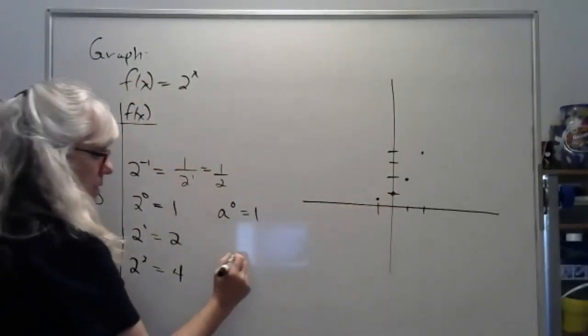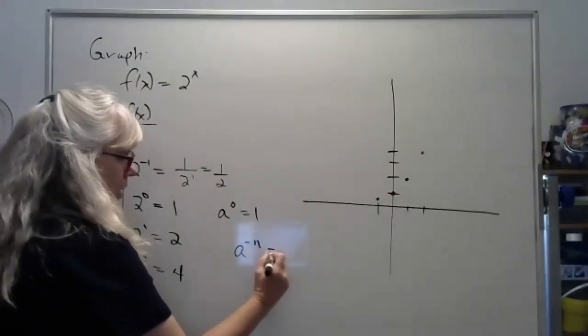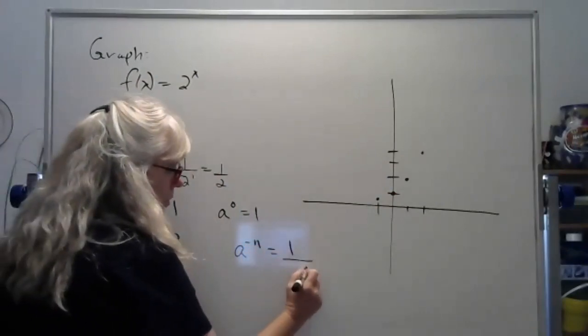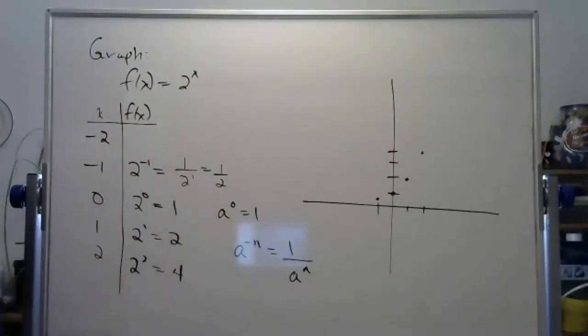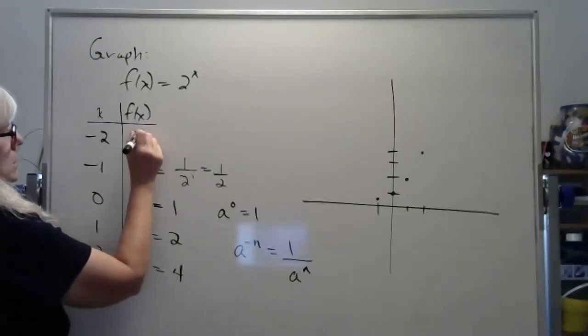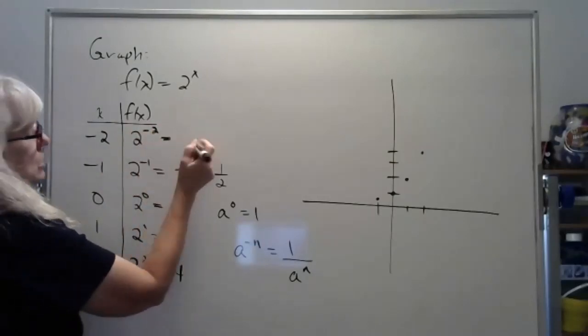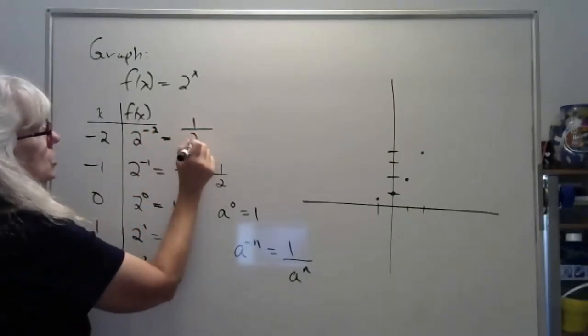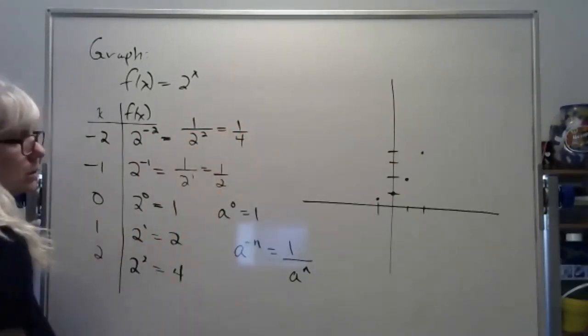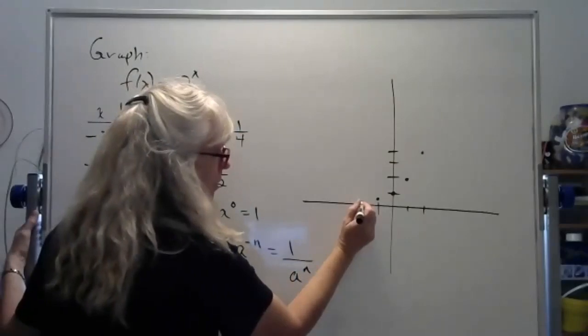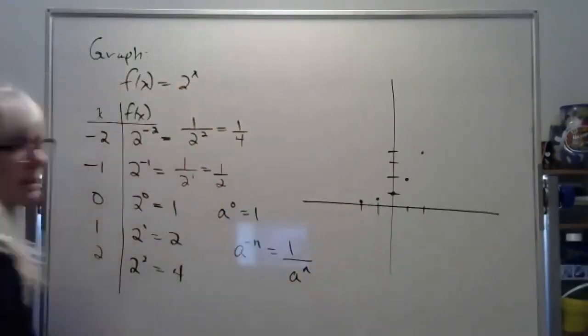Again, what we're using is the fact that any number raised to a negative power is 1 over that number to the positive power. You're not changing the power itself, only its sign. So what about -2 then? Well, that would be 2 to the -2, which is equal to 1 over 2 squared, which would be 1 over 4. So at -2, you're even closer to the axis.